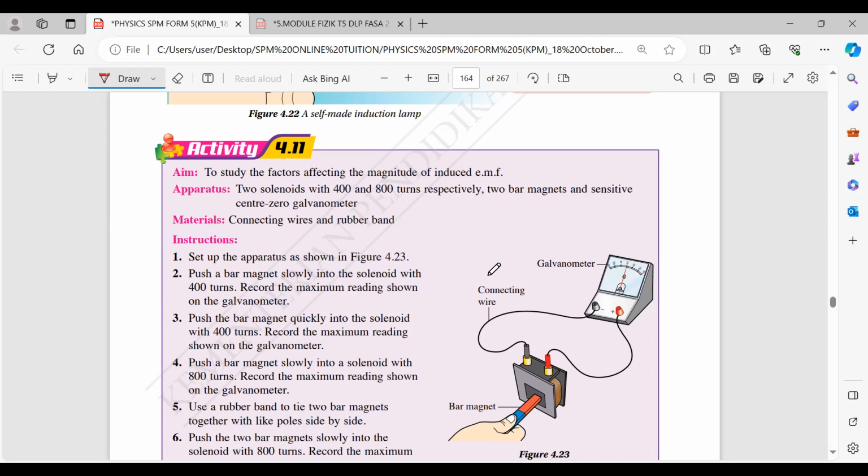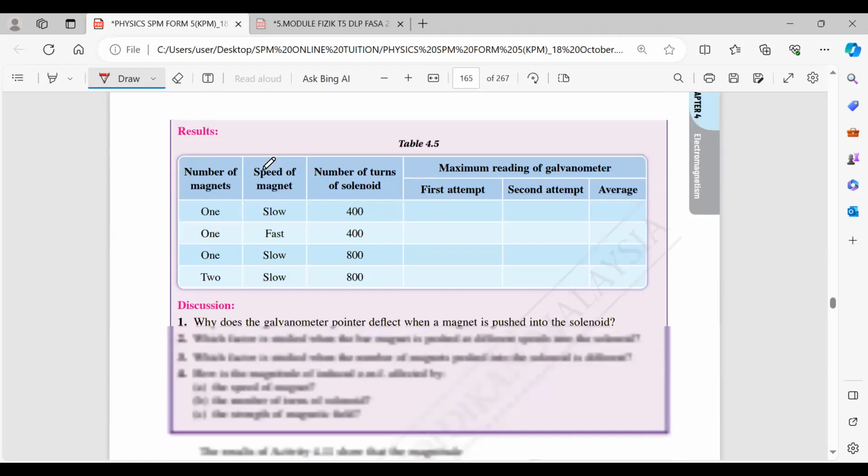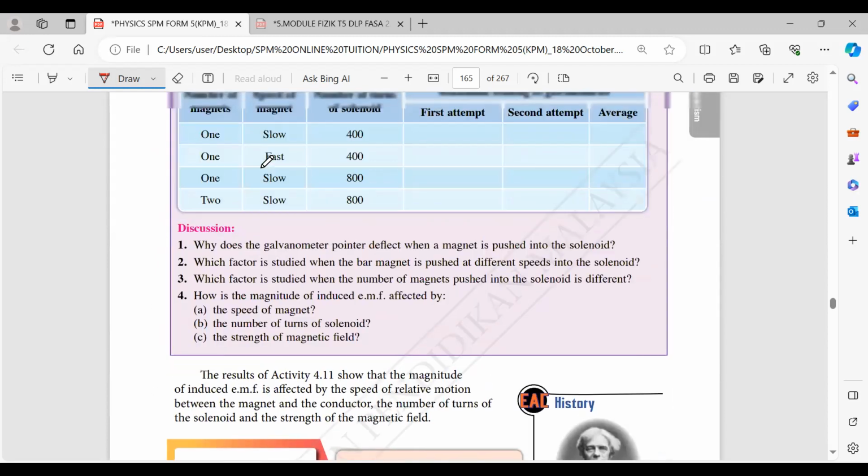When you increase the number of turns, the magnitude of the EMF induced for the same relative movement speed will increase depending on the ratio. So with more turns, you expect more change in the flux, and greater EMF will be induced. That is what the experiment observation is about.